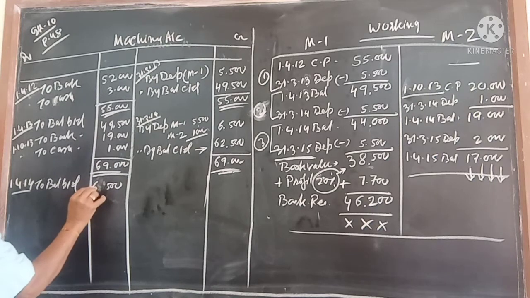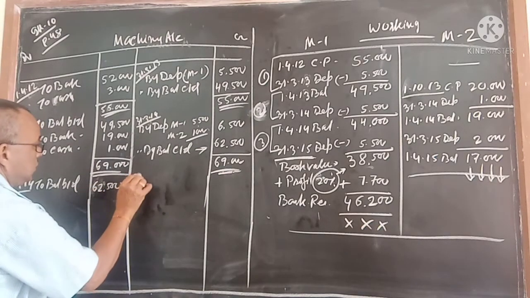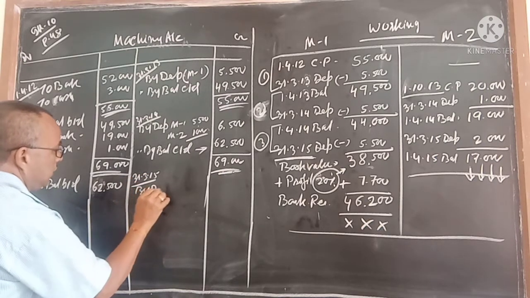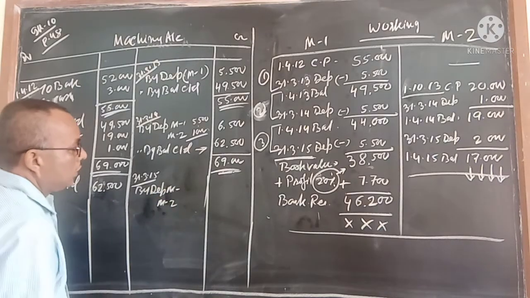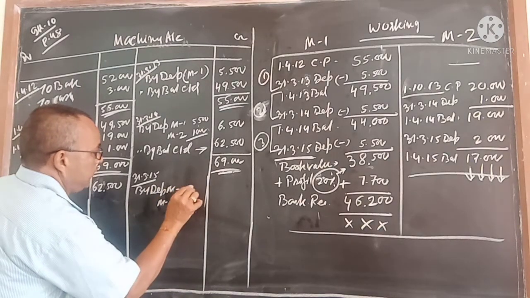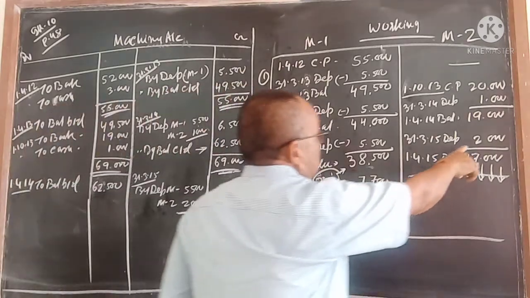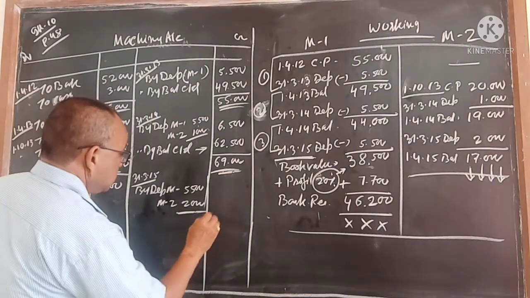Now charge depreciation on 31/3/15, by depreciation M1, M2. M1 is 5,500 and M2 is 2,000. Remember it? 2,000 and 5,500, which is getting you 7,500.